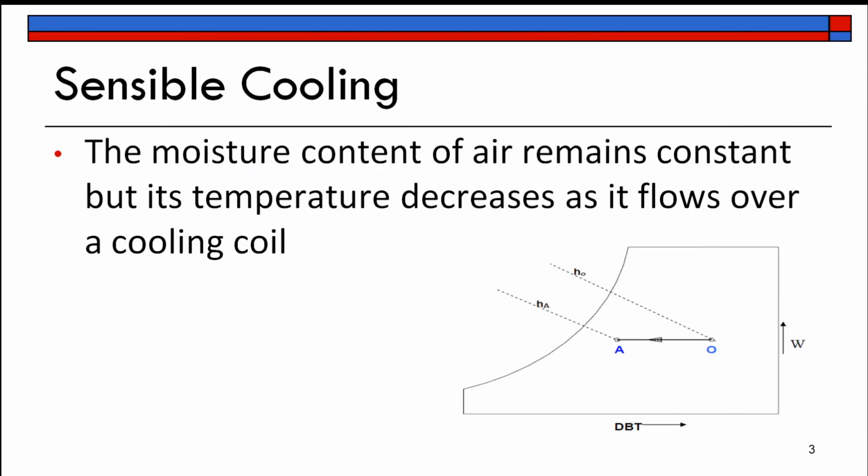So first one is sensible cooling. What is the difference between latent heat and sensible heat? You know that latent heat is the heat required to change the phase of a substance, heat to be absorbed or rejected when the substance changes its phase. Similarly, sensible heat is the thermal energy or heat required to change the temperature of a substance within the same phase.